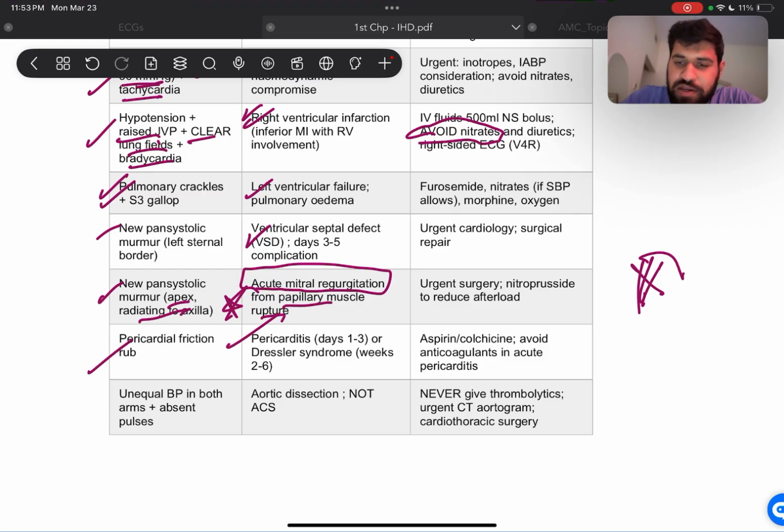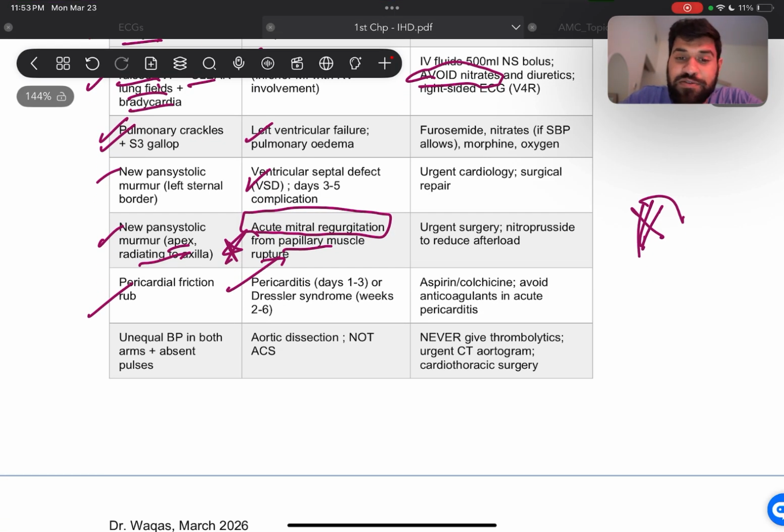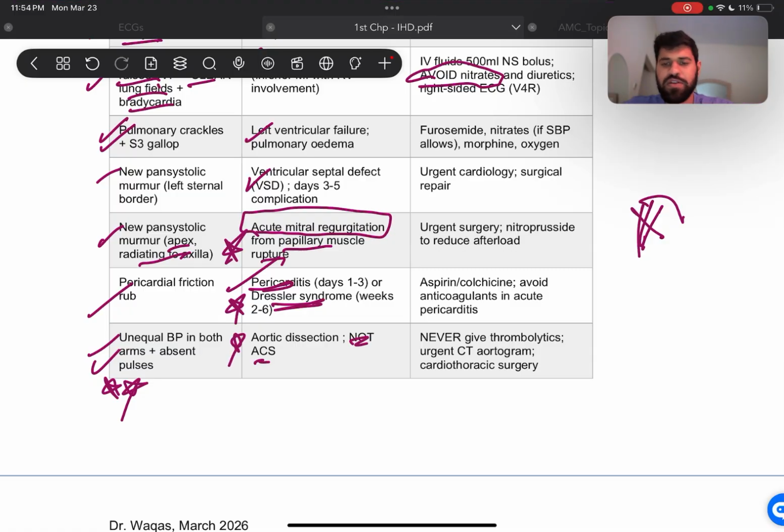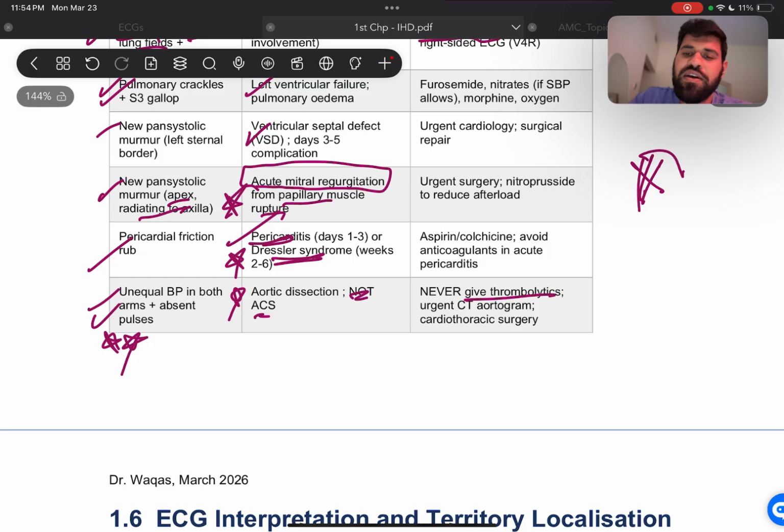Pericardial infection or pericarditis. All right, and we need to differentiate between pericarditis and Dressler syndrome, because these are important points that AMC will test you upon. All right, unequal BP in both arms. I've seen a lot of questions on this. All right, aortic dissection, not ACS. Never give thrombolytics for them. Urgent CT arteriogram, but before we do CT arteriogram, we have to see if the patient is hemodynamically stable.